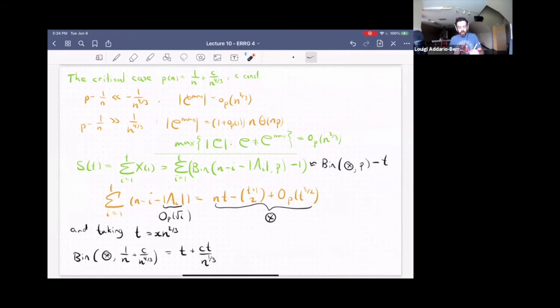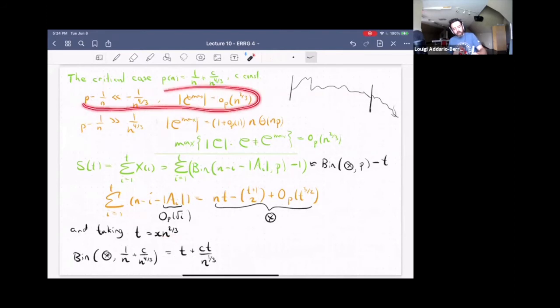So after you've been exploring for a large constant times n to the 2/3 time, what happens after that looks like a subcritical graph. In particular, if you go on for much longer than time n to the 2/3, you're only going to see components of size little o of n to the 2/3. So really, understanding the largest components boils down to understanding what happens for the first order n to the 2/3 time, and that's what I want to focus on now.